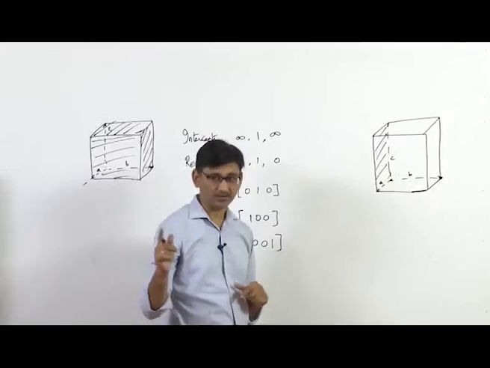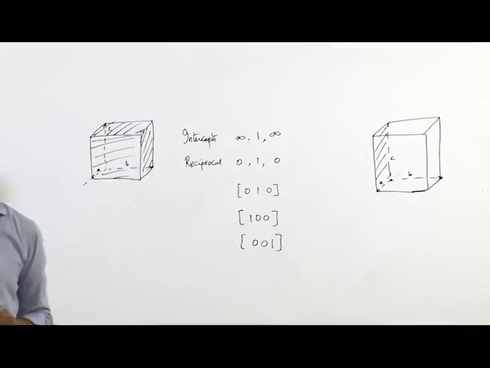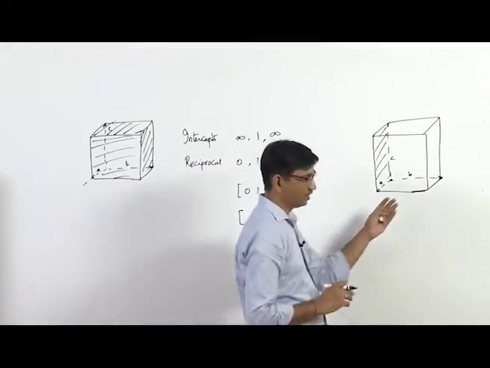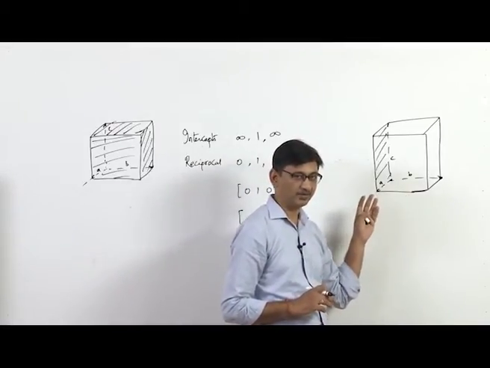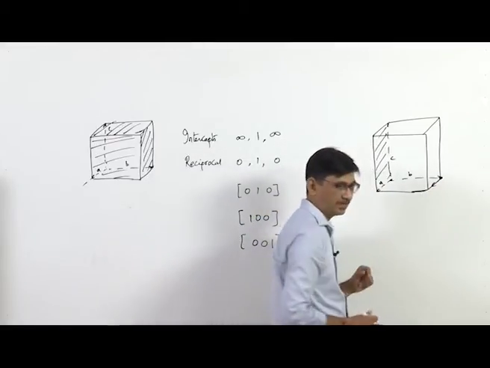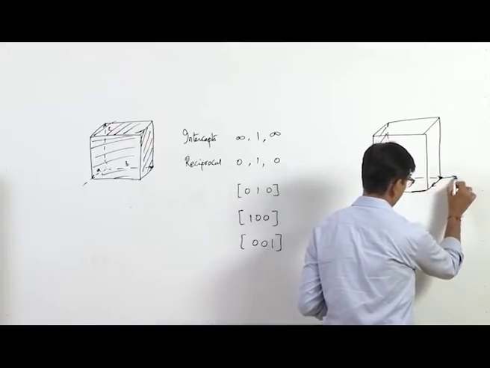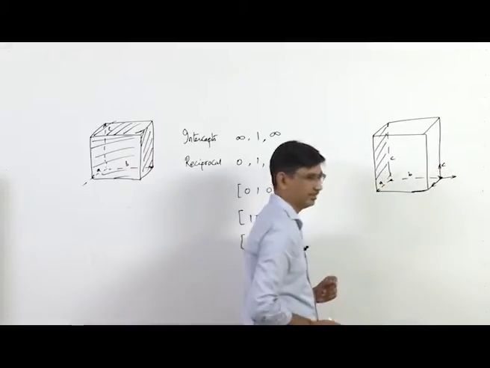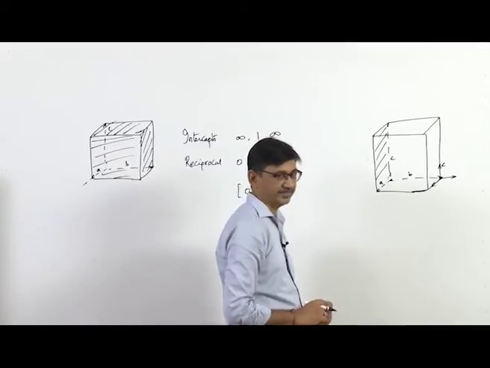But as I told you in the last statement here, I will still keep my directions. That sense I am not going to change. So again my A is in this direction. Positive A is like this, positive B is like this, and positive C is like this. That is not changing, the origin has changed.